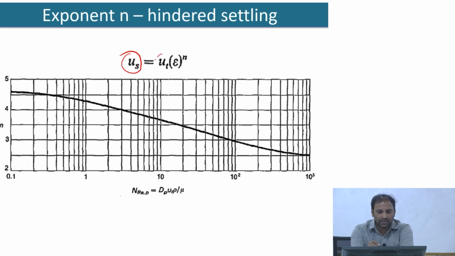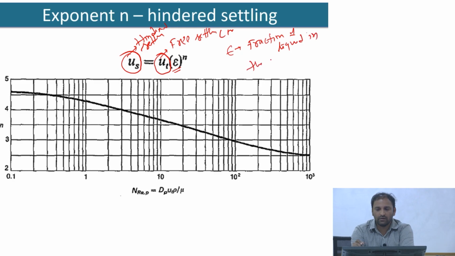It goes as the settling velocity of the single particle, which is under free settling condition, times a function of epsilon, which is the fraction of liquid in the suspension, or slurry. And n is an exponent that depends on the flow regime that people work with.